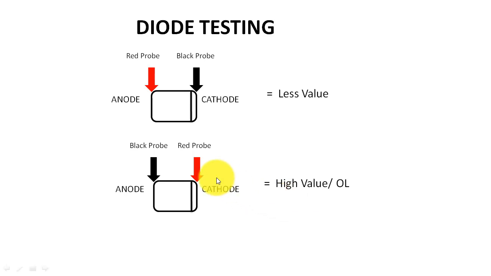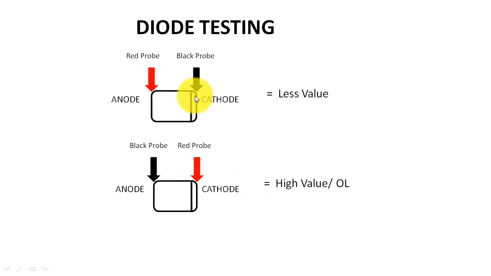So you just change your probes. In the first case it will be low, and after changing it will be a high value or over limit, just the opposite. This is the real testing.